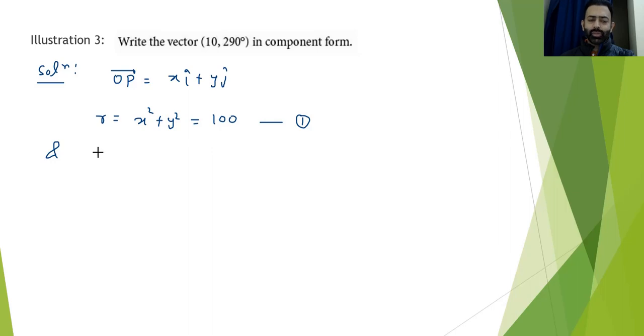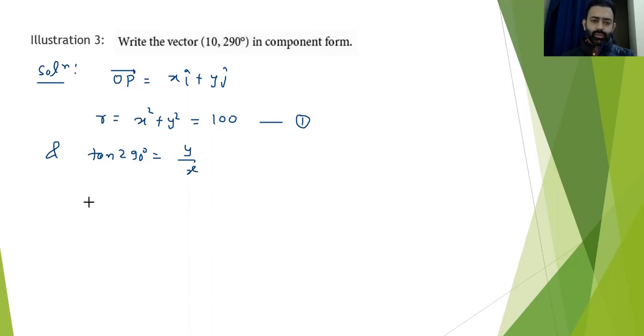And theta is 290, that means tan of 290 is y by x. So whatever is the value of tan 290, that you will calculate. Okay, let me quickly give you the value of tan 290 using my calculator. Tan 290 is minus 2.74.